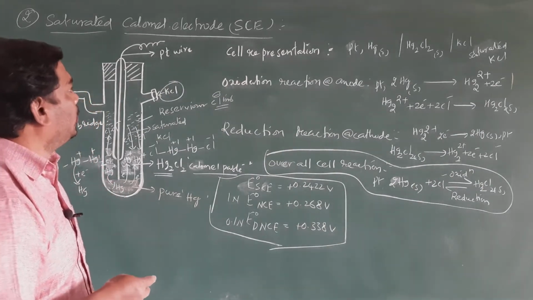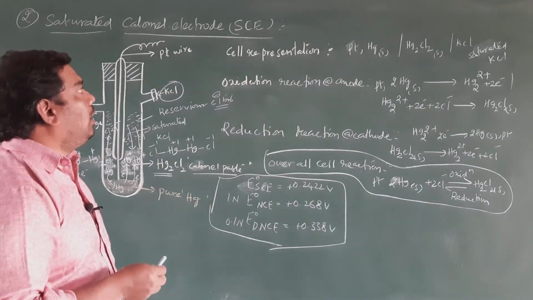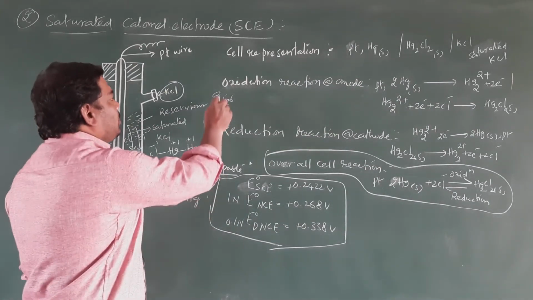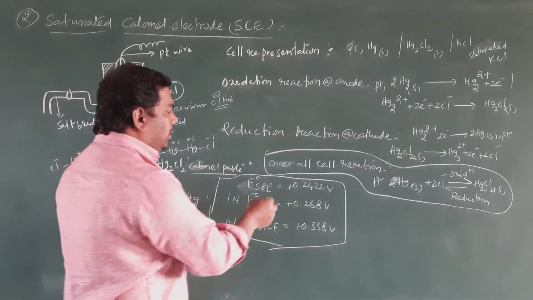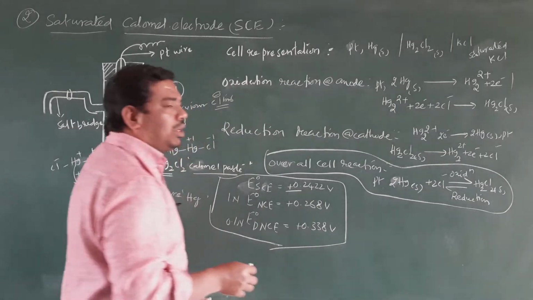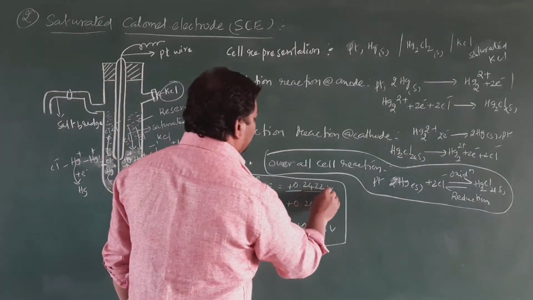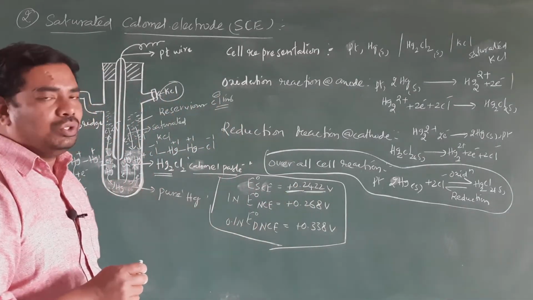Clear, student? Please remember, the electrode potential of the calomel electrode depends on the concentration of Cl minus ions only. Here we are taking saturated potassium chloride solution. The standard reduction potential value is equal to plus 0.2422 volts.